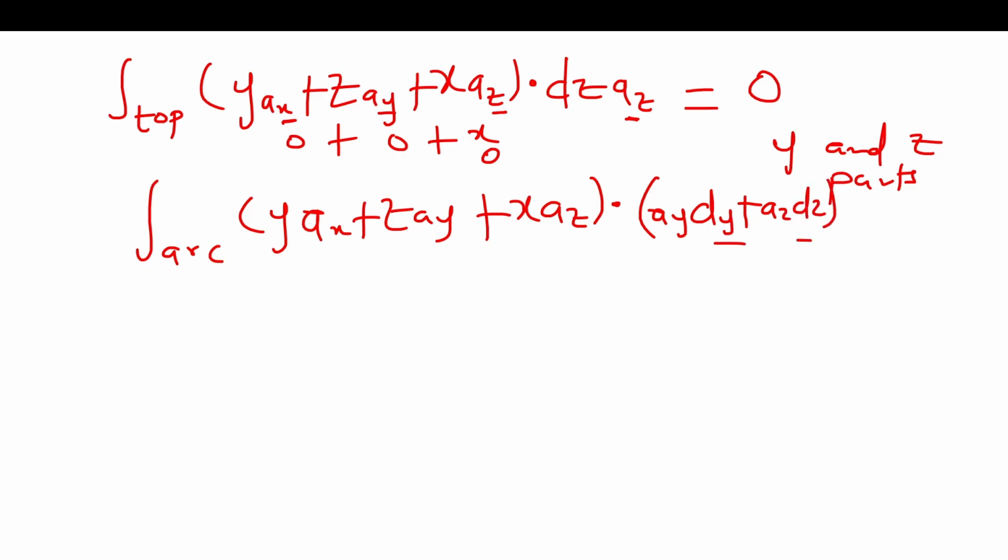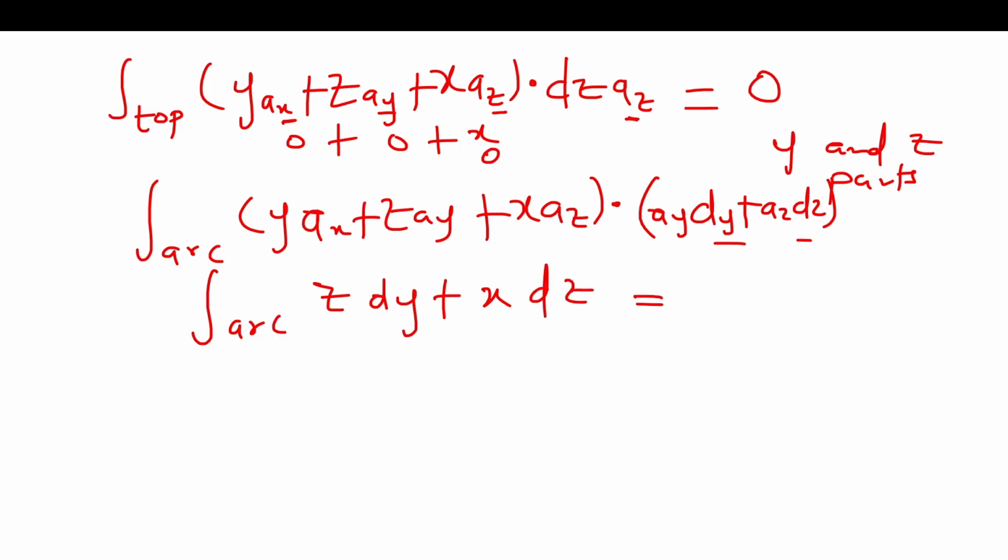If I do the dot product, ax ay gives me 0, ax az gives me 0, ay ay gives me 1, so z dy, plus az ay gives me 0, az az gives me 1, so I'm going to have x dz.